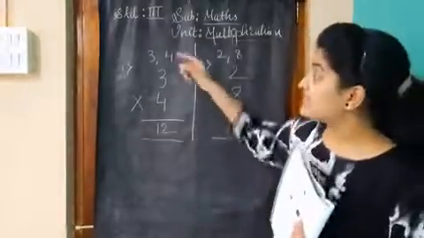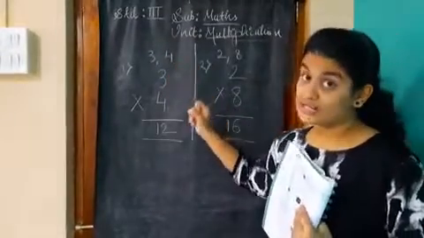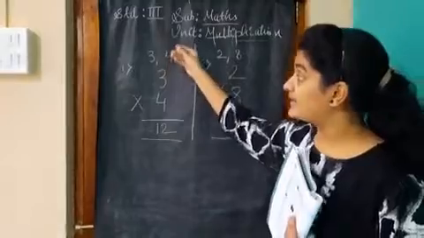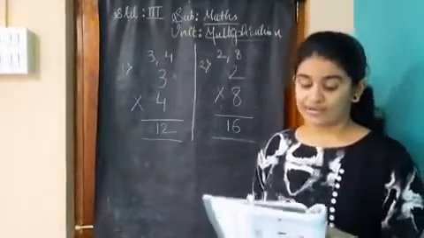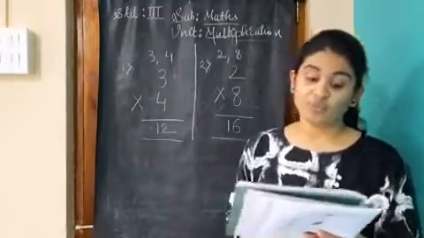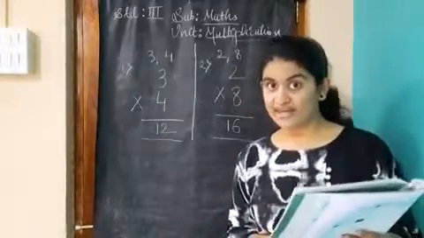Understood? This number will be given to us. We have to arrange this number in vertical manner and the answer will come. Okay? Now let us solve the question number 2. Okay?